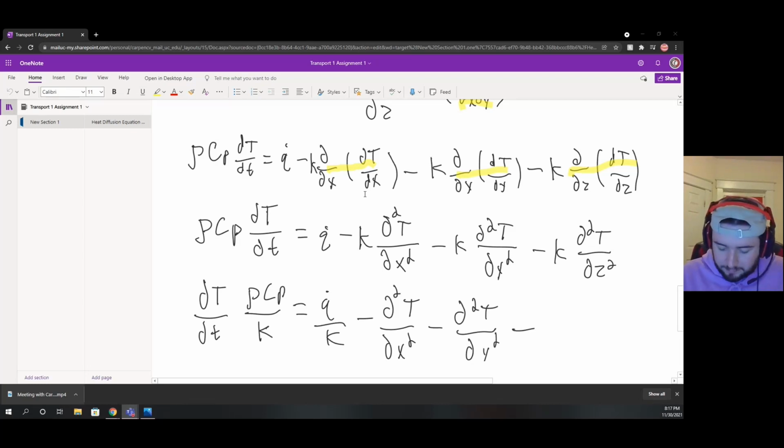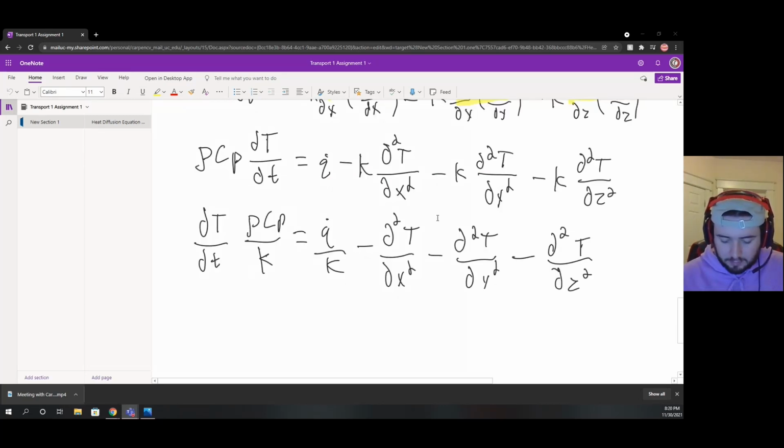And here, this term right here, it's the inverse of the diffusivity constant. So we can replace that as well.